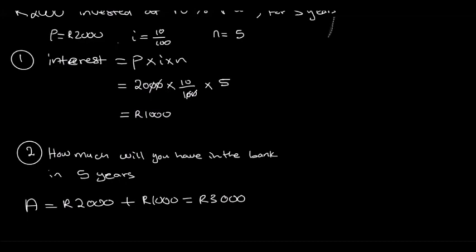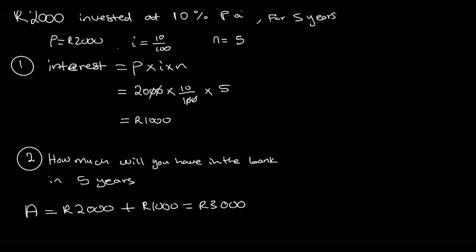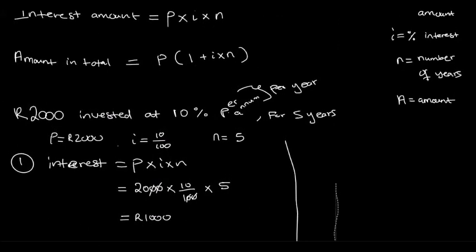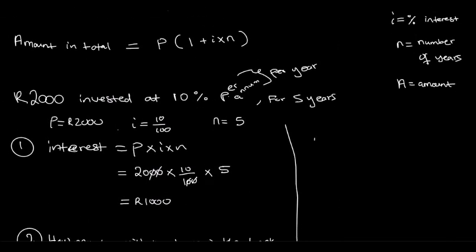Sometimes they don't first ask you about the interest, they just ask you straight away how much you will have in your bank account in 5 years. In this case you will use the formula that we listed up there. The amount equals P into 1 plus interest times number of years.